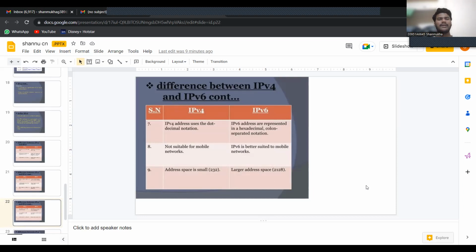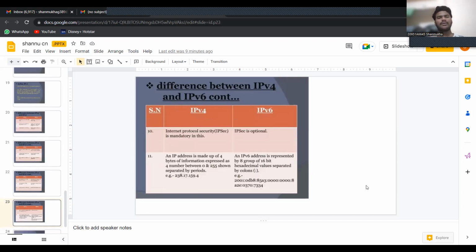IPv4 is not suitable for mobile networks, while IPv6 is better suited to mobile networks. The IP address space is small in IPv4, meaning 2 power 32, and larger in IPv6.